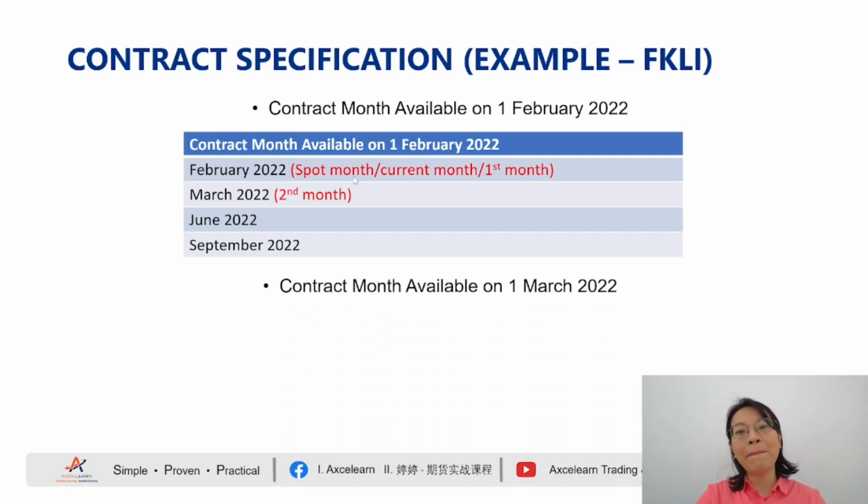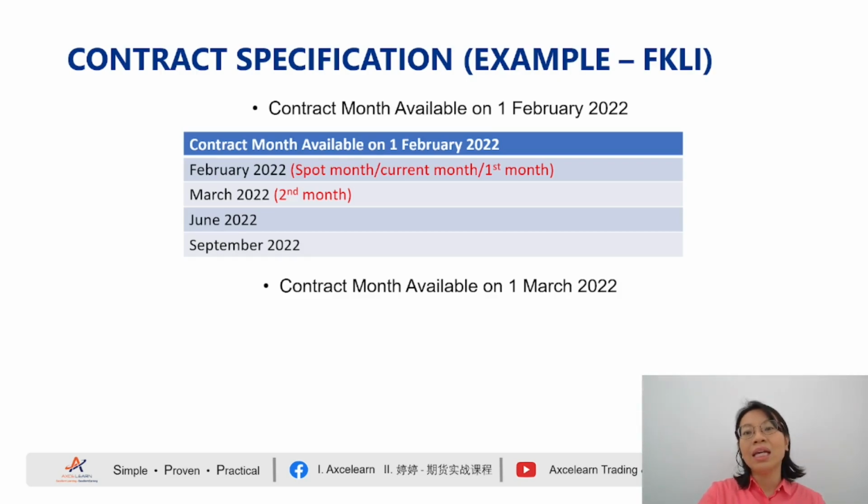Now let's say, for example, today is 1st of March. What are the contract months available for you to trade? Refer back again: the spot month, the next month, and the next 2 quarters. I'll give you a second. Give it a pause while you're watching the video, get the answer before you look at mine.